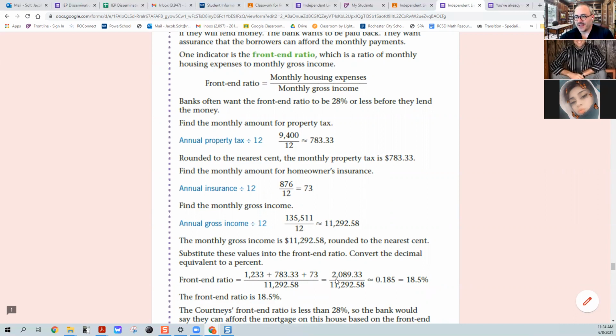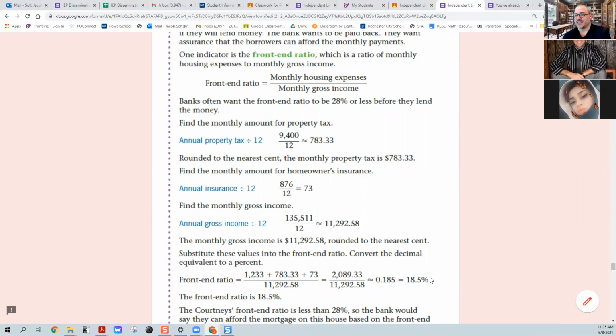They added all those up. They got $2,089.33. They divided that by $11,292.58, and they got a front end ratio of 0.185, which converts over to 18.5%.